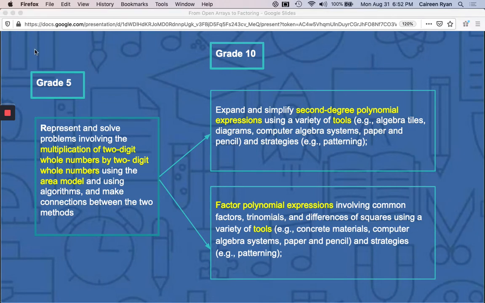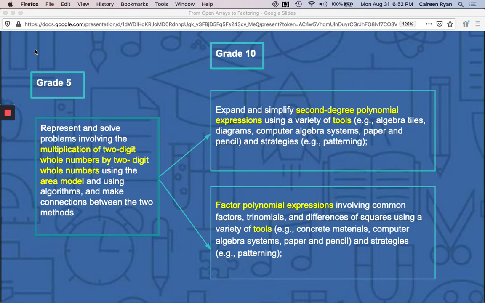So as you can see, quite a bit of time goes by between the initial learning around multiplication and then the extensions to algebra. It's really important for differentiation to meet everyone where they're at and to move them toward the learning goal. So there are a few ways in which we can do that. We can spend some time with the conceptual underpinnings, so we can take a little bit of a look at the multiplication of 2-digit whole numbers, as we did in the minds-on.